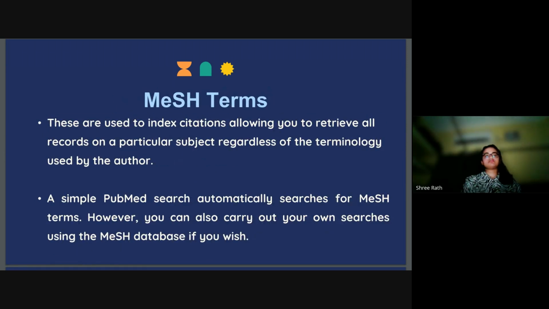So you must have seen I referred to MeSH terms. So what exactly are these? MeSH stands for medical subject headings, and these are words which help you retrieve articles which have that certain keyword as their main topic.